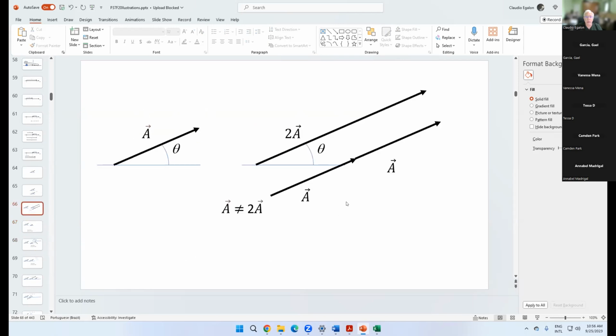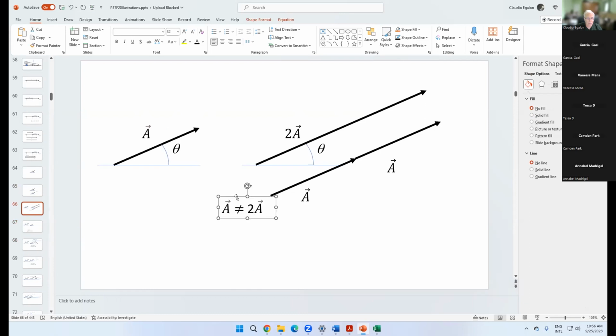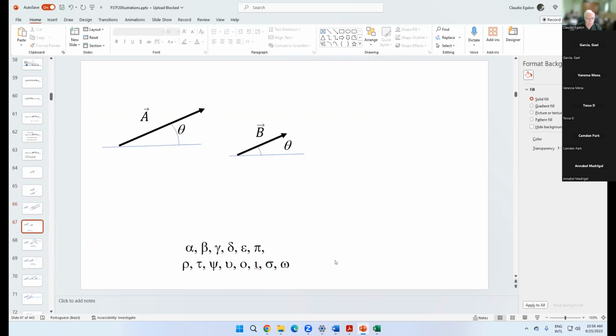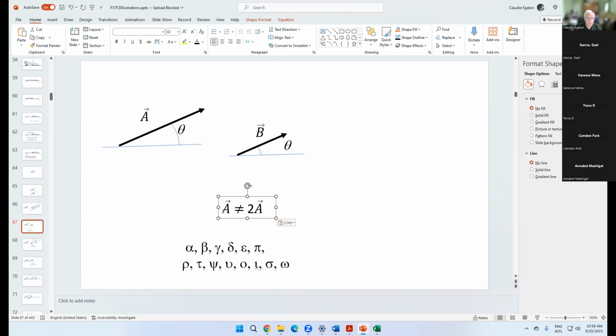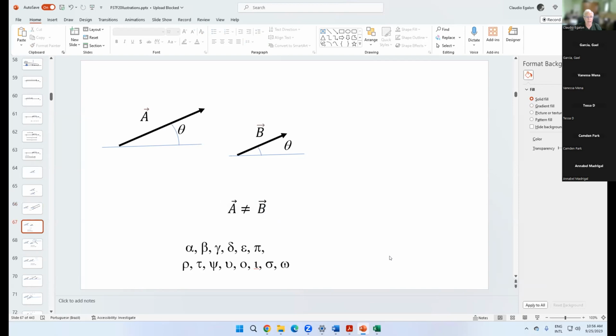In this case, A is different from B. They both make an angle theta with the horizontal, but they're different because their magnitude is different.